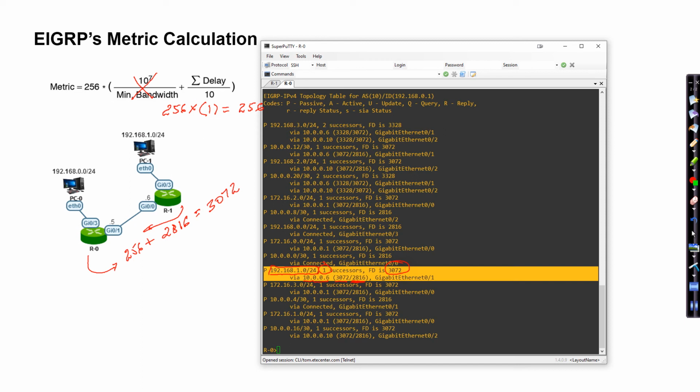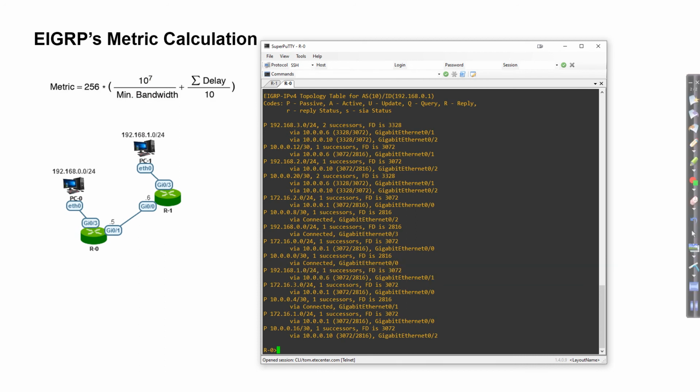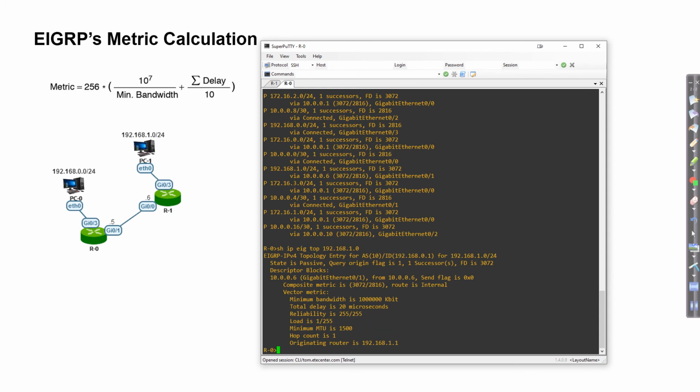Let's take a look at more detail about this network in the topology table. And the command is show ip eigrp topology for 192.168.1.0. First, the topology is for autonomous system number 10 for 192.168.1.0.